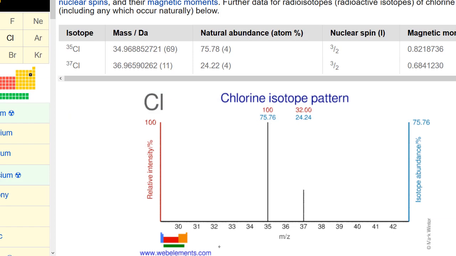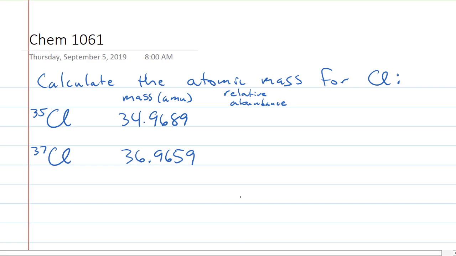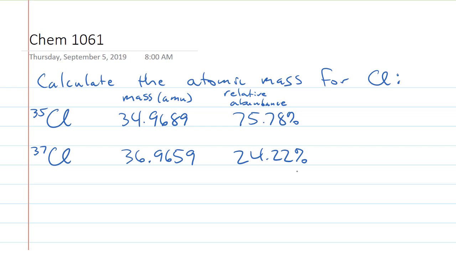And for the relative abundances, this is given here as a percent abundance. For chlorine 35, it's 75.78%. For chlorine 37, it's 24.22%.